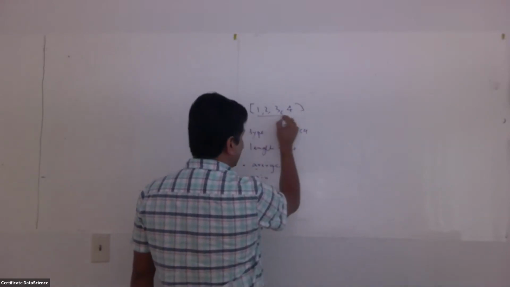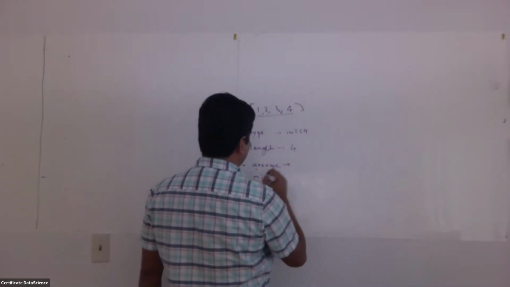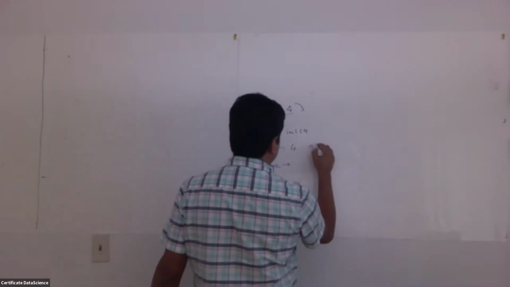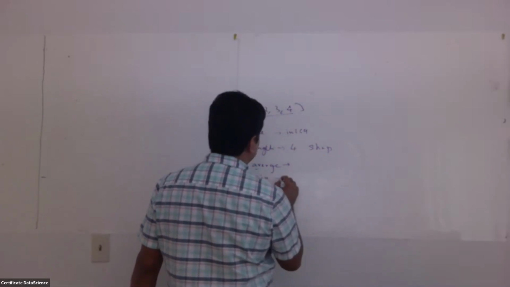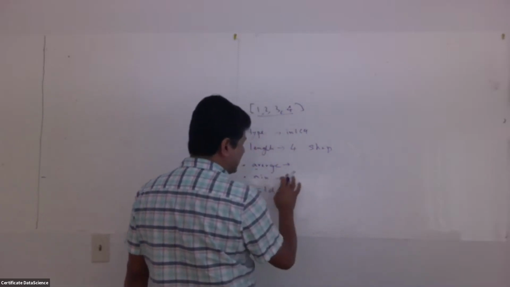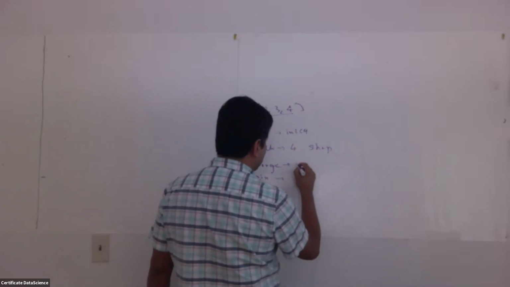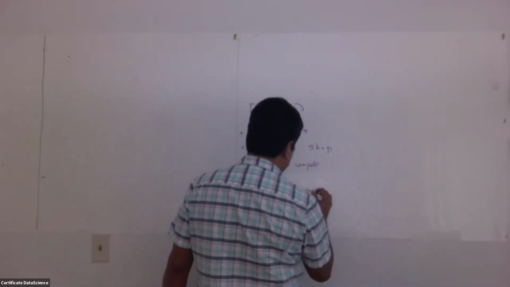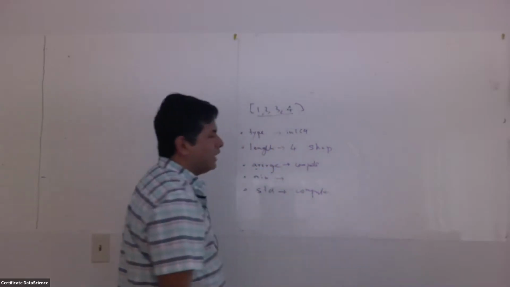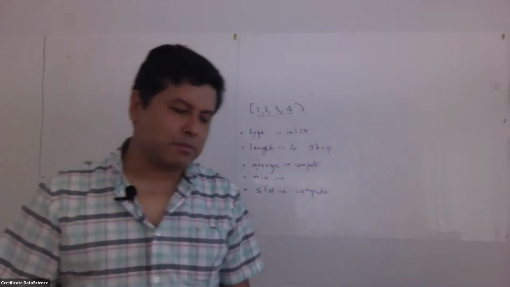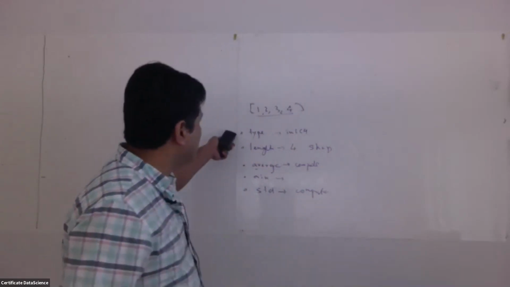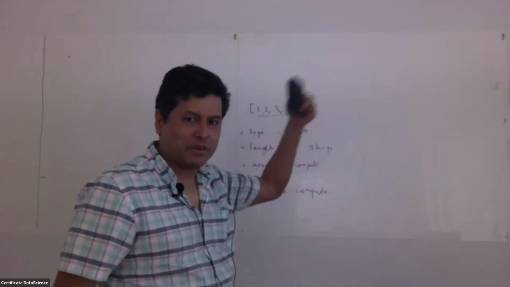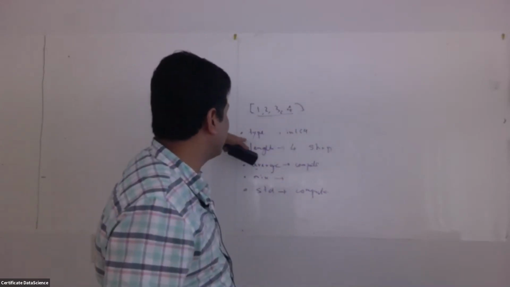Average, I have to compute. This length, or we call it shape also. Minimum, I may have to compute. In some cases, it's a gray area. Standard deviation, I have to compute. Think about it yourself as a person who developed the library. There is not much computation to do. It's not like I'm going to start counting how many are there. It's already a part of the data type.